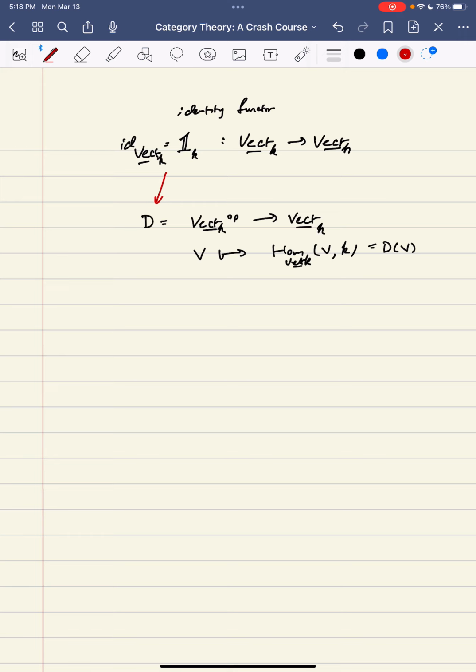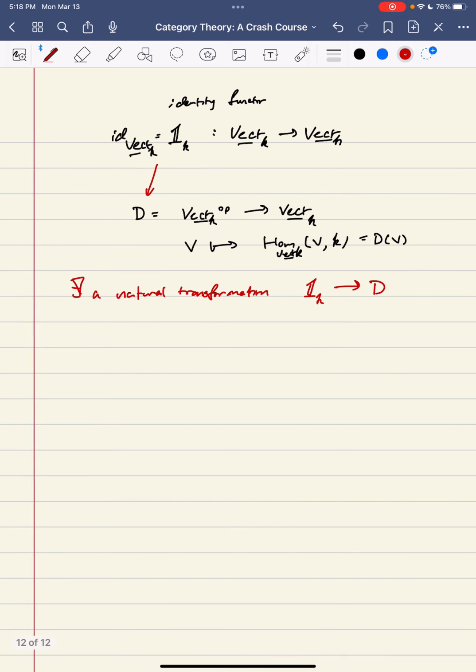So there does not exist a natural transformation from the identity on K to the duality functor, because they're defined on different categories.